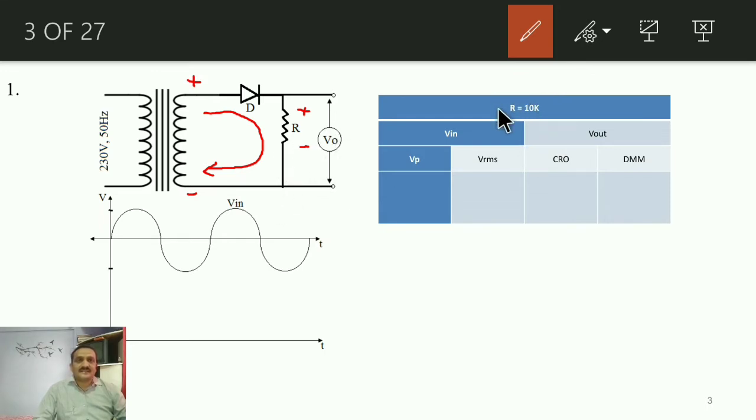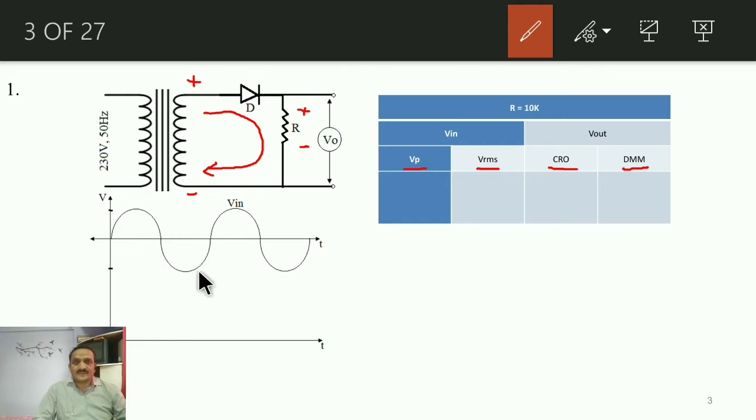This R I mention as 10K, and for V in you have to imagine how much is the peak voltage and how much will be its RMS voltage. Just imagine if we observe it on CRO and measure it on DMM, what values you will get. This is the applied voltage to the diode, the secondary voltage of that transformer. Now during the positive half, the diode will conduct and there will be a non-zero output voltage.